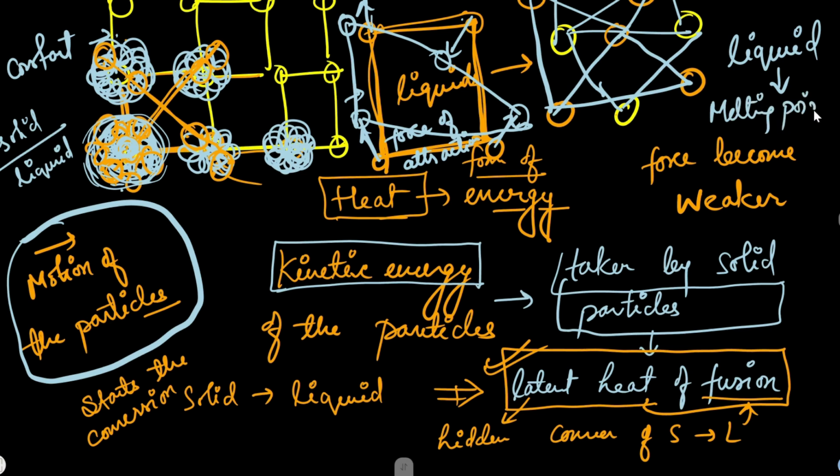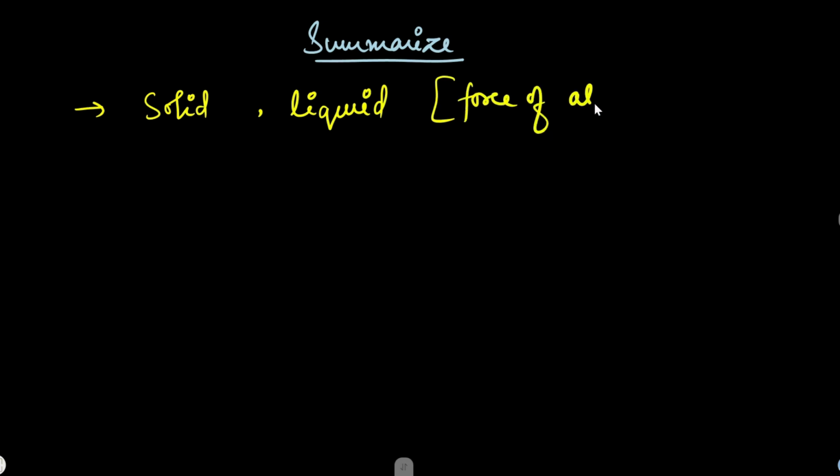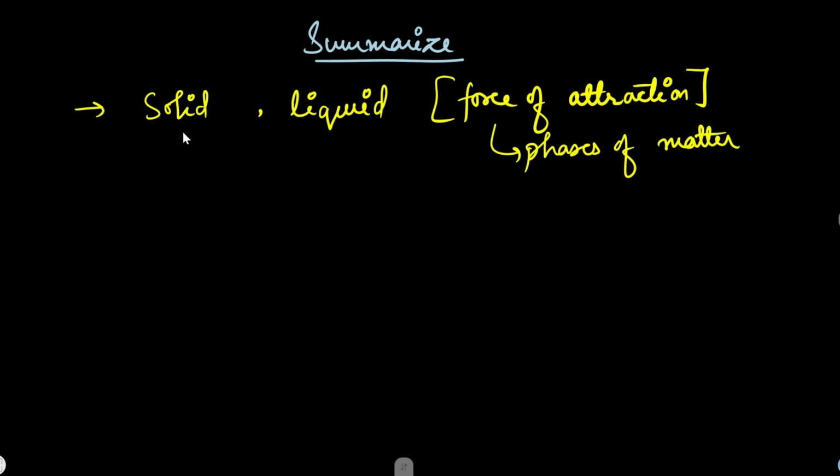Okay, so we'll now summarize the whole thing. First we studied the difference between a solid and a liquid, and how the force of attraction leads to the different phases of matter. The only thing that decides whether something is a liquid or a solid is its shape, and shape is decided by the force of attraction.